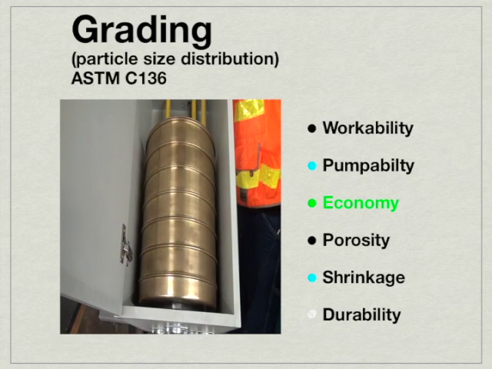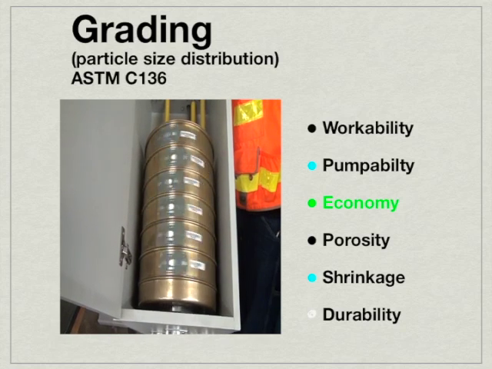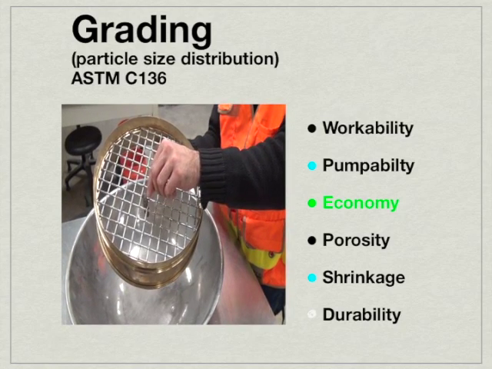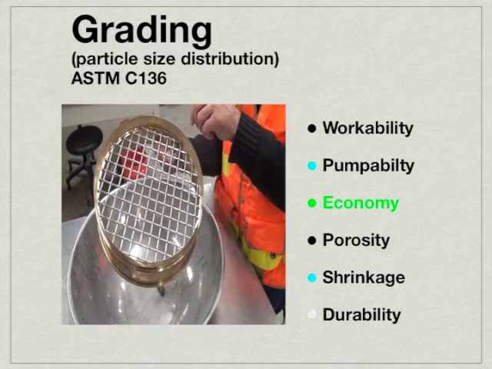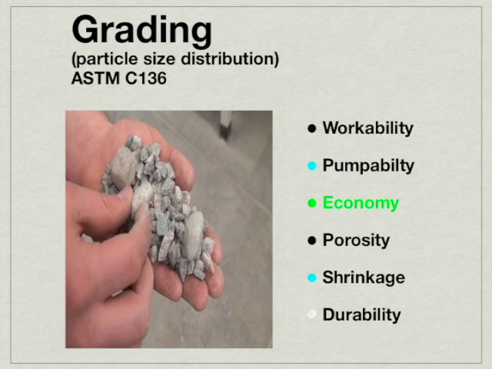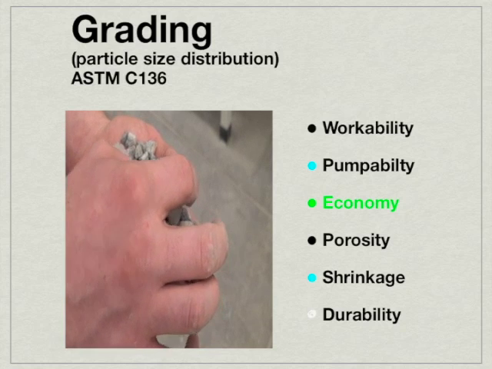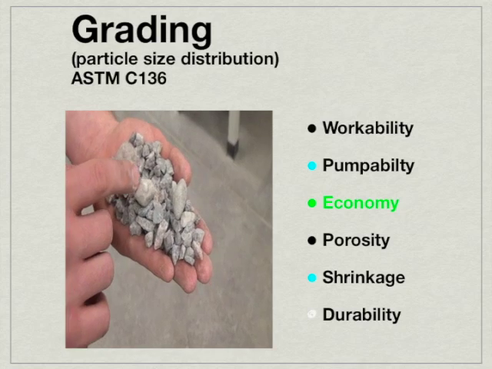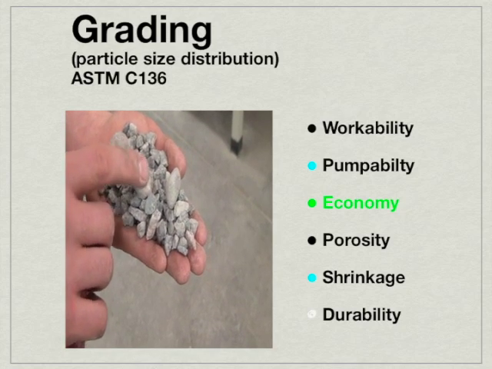However, the gradation greatly affects the properties of our concrete. For instance, in the plastic state, it's going to affect the workability and pumpability, and thus the overall economy of our concrete, while in the hardened state, it affects the porosity, shrinkage, and durability of our concrete in use.